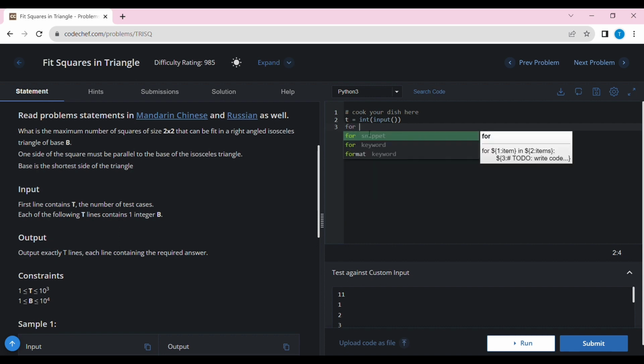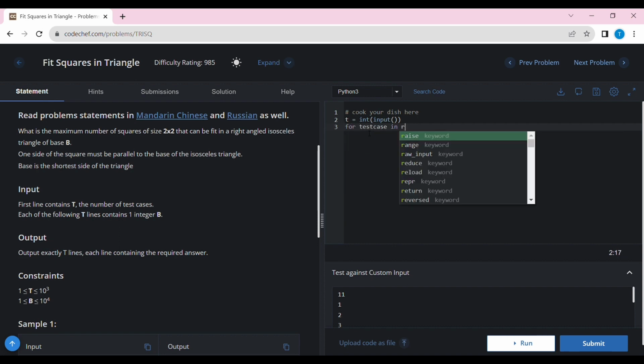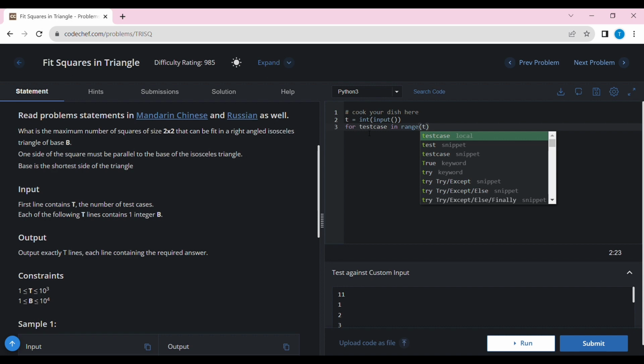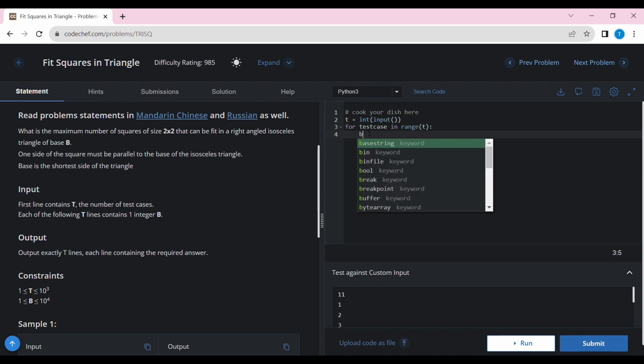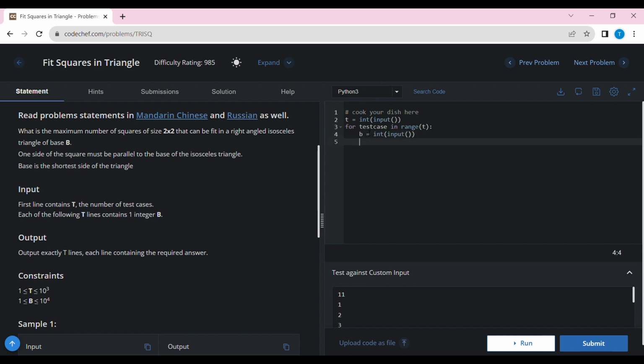So we say for test case in range(t), because we need a loop to run t times to be able to accept the input and print the output. So b is equal to int(input()), which accepts the base length of the isosceles triangle, for which we need to find the answer. And the answer for this test case will then be calculated by our recursive function, right?